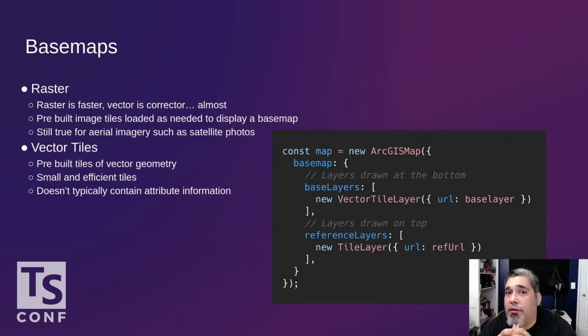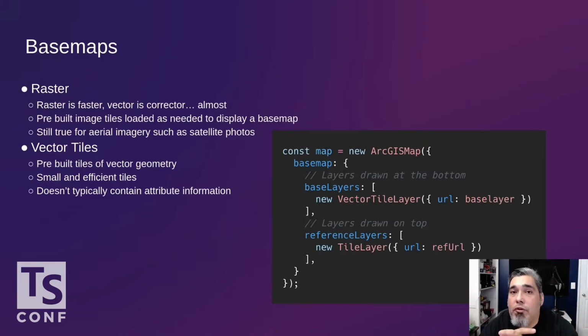Okay, well now you need to cook way more tiles for the entire city to get that. So that few megabytes is now turned into a few hundred megabytes. And then you go in even further to get a better level of detail for those tiles, and now it's turned into like a gigabyte of data. So you can see that these raster tiles can take up a lot of space very quickly.